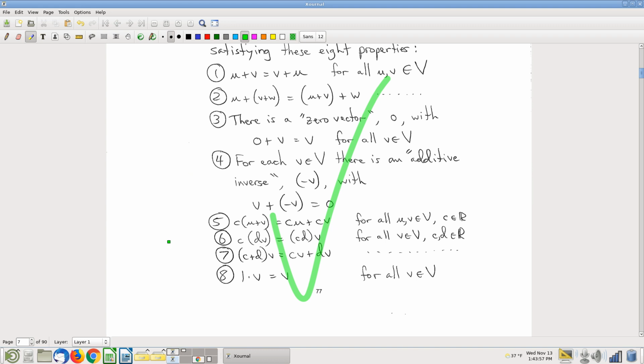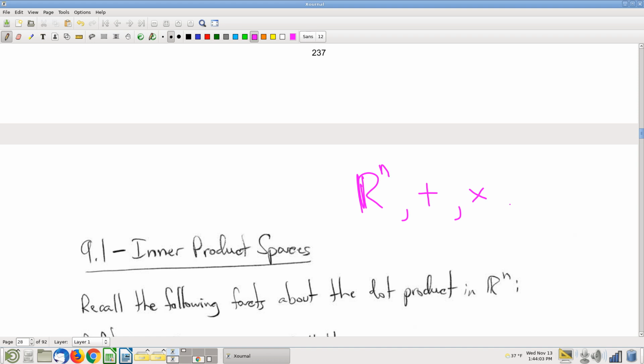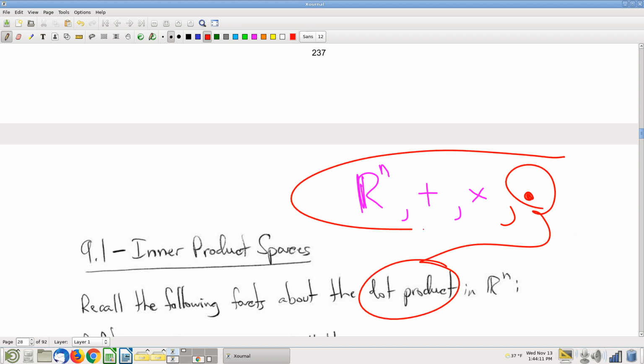Okay, what we're going to do now is just add one thing to the list. We're going to say now, comma, dot, for the dot product. We're going to think now about this quadruple. It's not just the set of vectors with an addition and a scalar multiplication.